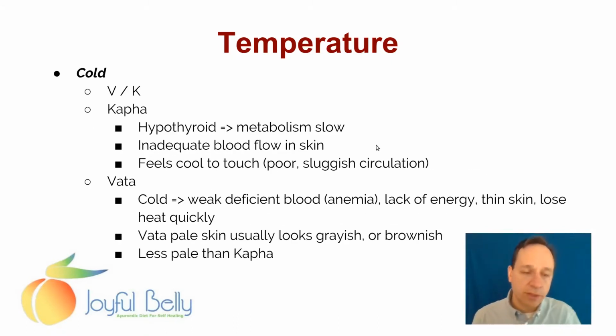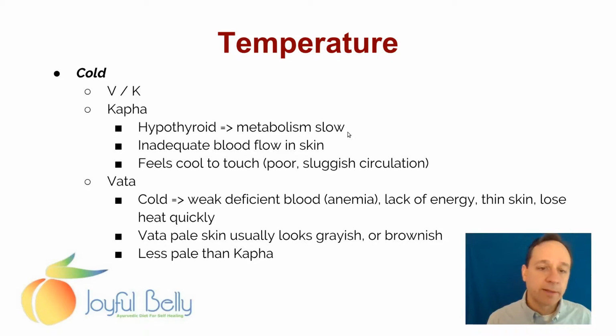Cold, there are two types, Kapha and Vata types. Cold Kapha can come from hypothyroid. In fact, Kapha tends to have a sluggish, slower metabolism. And because of that, they have inadequate blood flow to the skin. We've mentioned that a few times already, that when your skin is cold, your capillary beds constrict in the skin, and that prevents loss of heat, but it also causes inadequate blood flow to the skin.